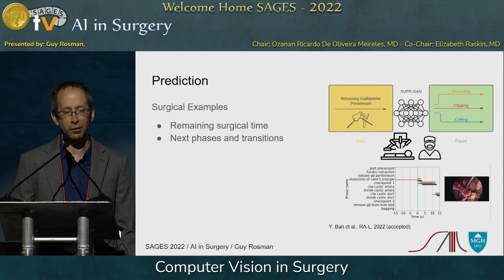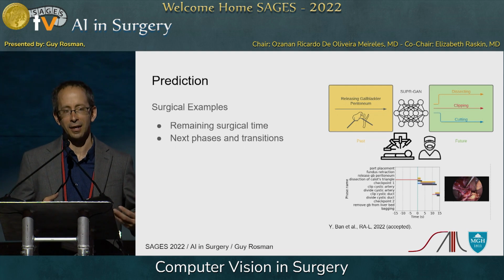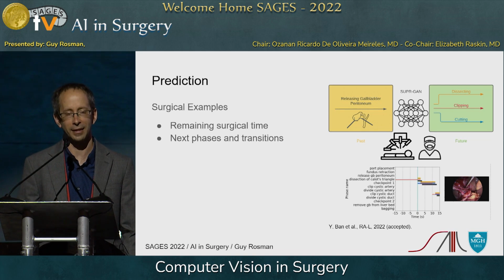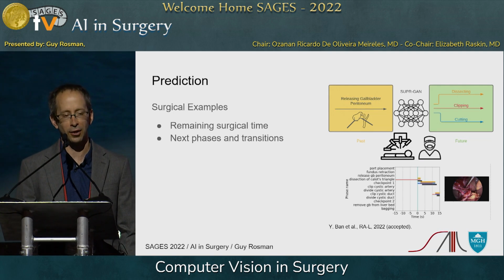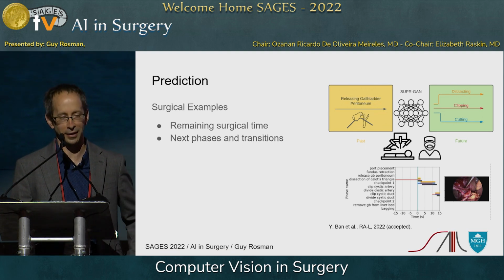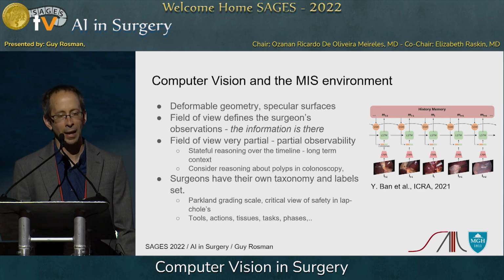That also relates to some recent work that we're presenting at this ICRA, where we're really taking a general workflow labels definition, and instead of analyzing, we're actually predicting over the next 15 seconds what the possible next phases are, and when the transition is going to happen. And this is, again, a pretty extensible framework where you can have additional patient factors and you can still do the rollouts and predict what's going on.